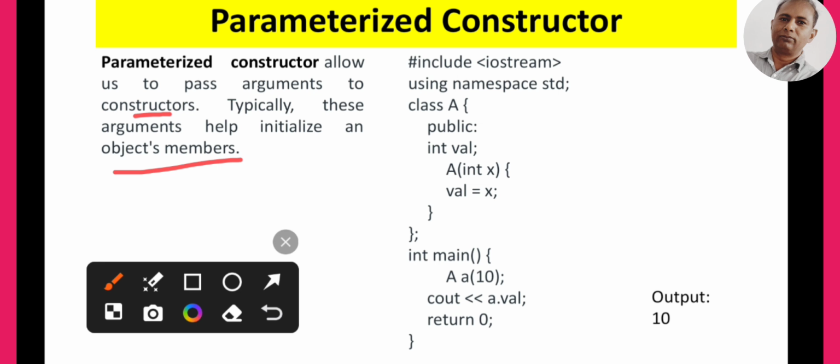Whatever the members of the object are, we can initialize them with the help of the parameterized constructor. For example, we have the header file, then we use namespace std, then we have made one class, the name of the class is a, then we define a data member, that is value or val, and we make the constructor here.